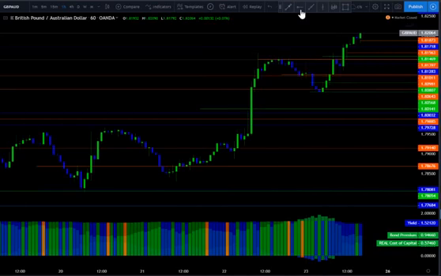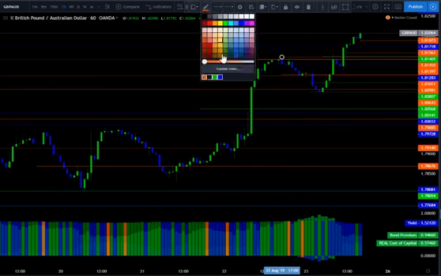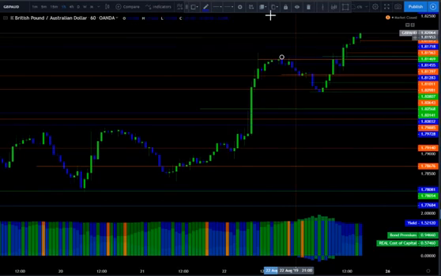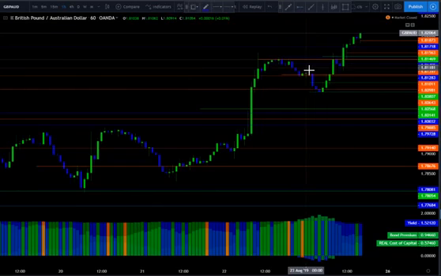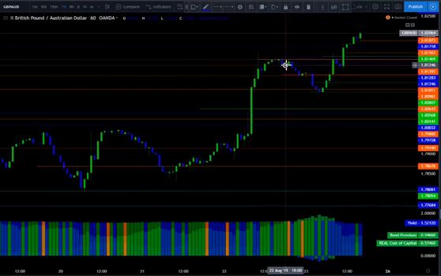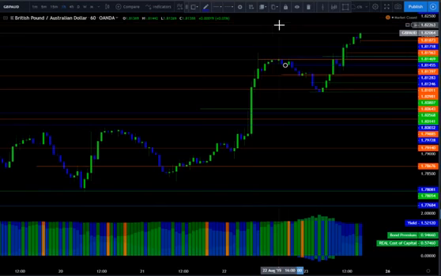And I'm going to identify this diamond pattern at the top of this last swing high as a bearish diamond pattern. We've already broken down below it, but I want that level in my chart. It's very important.